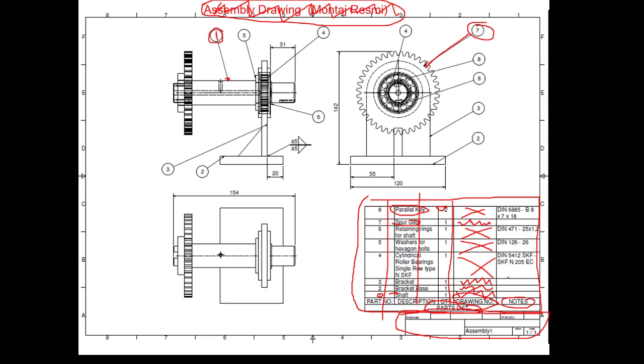The code is written along the notes column. Here, in this example, DIN is to say that the parallel key is to be the one in accordance with the German definition, Deutsche Industrie Norm, and 6885 is the number of the document. Okay, it is like a code.